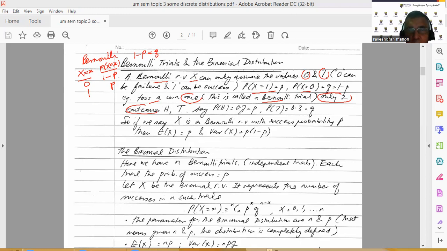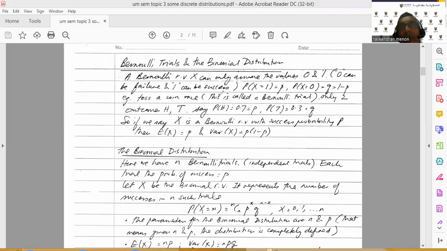So if you call getting heads a success, then let's say we give it a certain value: the probability of getting heads is 0.7, so p equals 0.7. This coin, you toss it once, and that's called a Bernoulli trial, because it only has two outcomes.